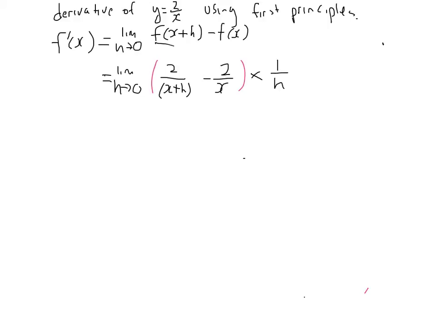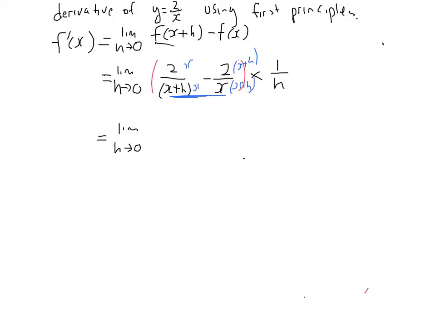The next thing we need to do is to consider the bits inside here and turn them into one big fraction. The way we do that is we do a cross multiply. So we're going to times the top and the bottom of the first term by x, and top and bottom of the second term by x plus h, and that will end up giving us a common denominator of x bracket x plus h.